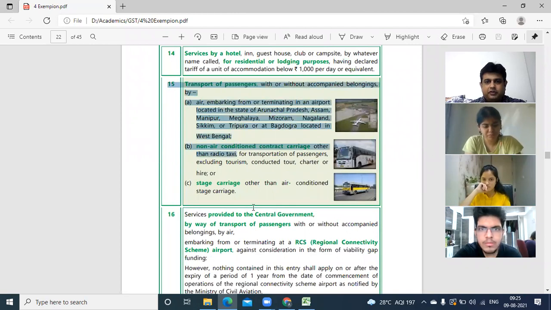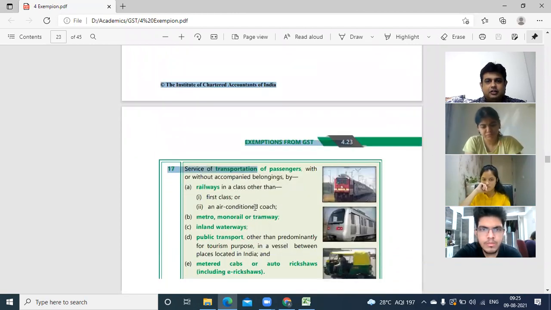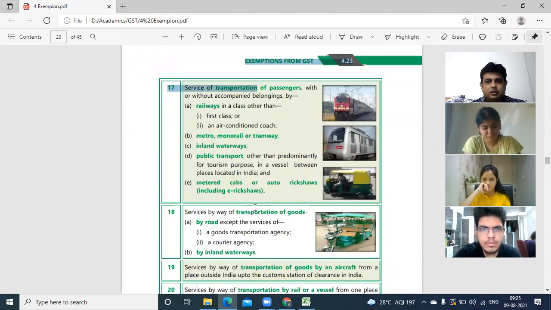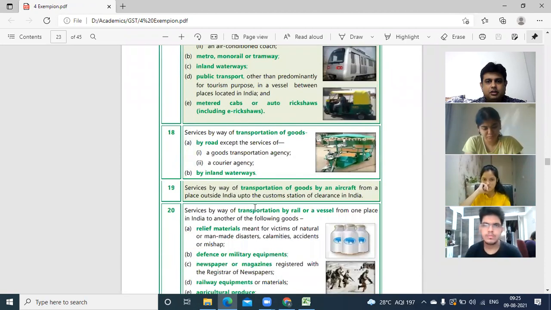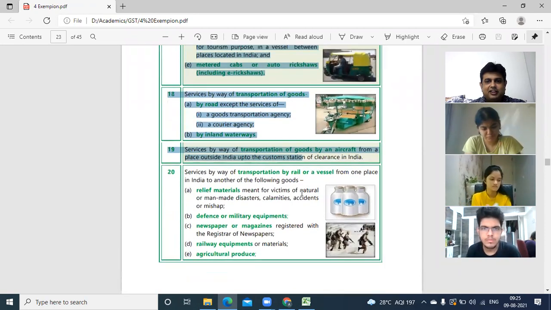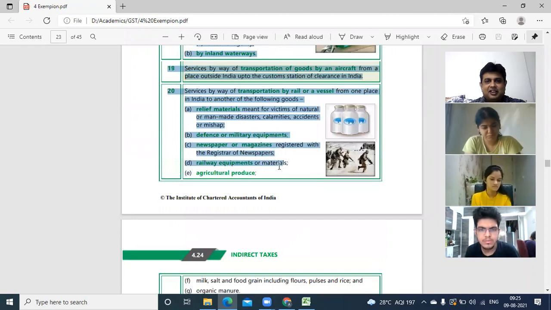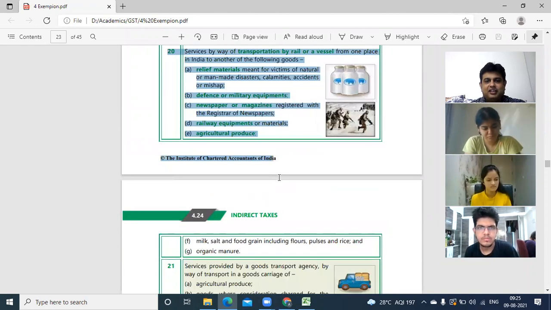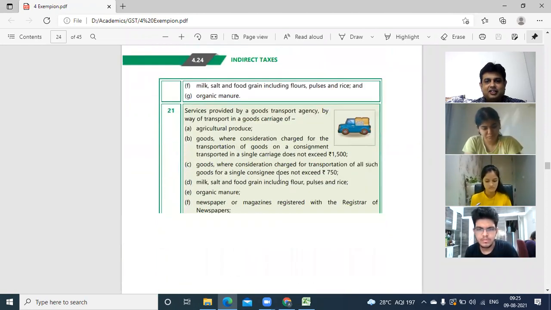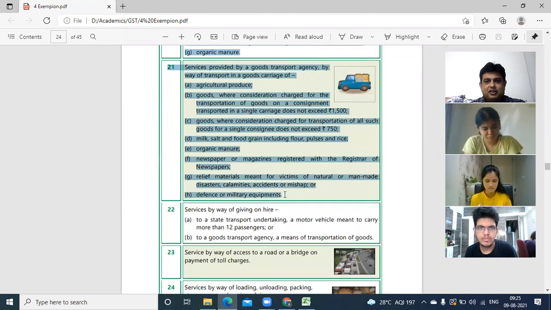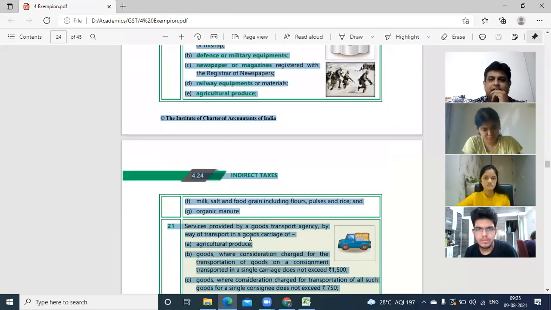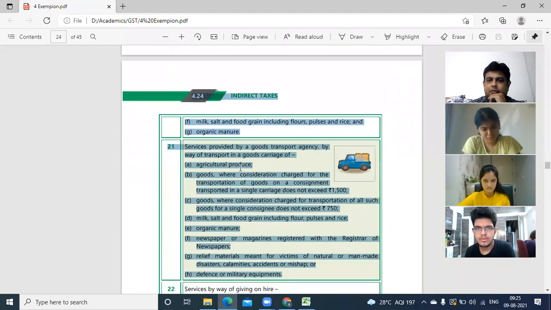This point number 15, 16, 17, 18, 19, 20, 21. Just refer. Agricultural produce, if we have.